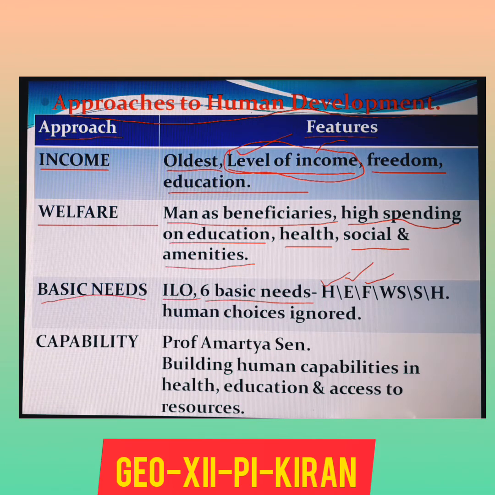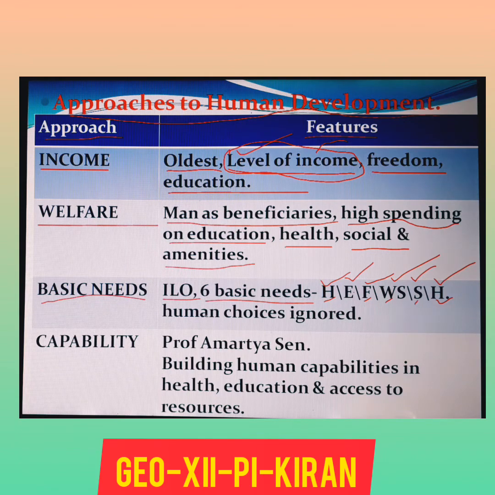Then regular supply of food. Then water supply, better water supply to the people. Then sanitation. And the last one is housing. So here health, education, food, water supply, sanitation, and housing must be provided so that the people have a better quality of life and human development.